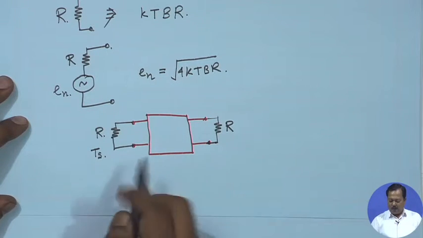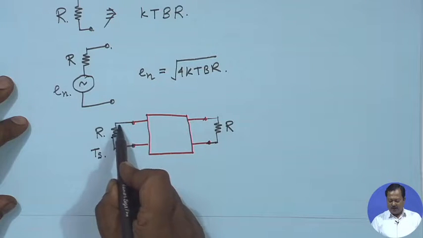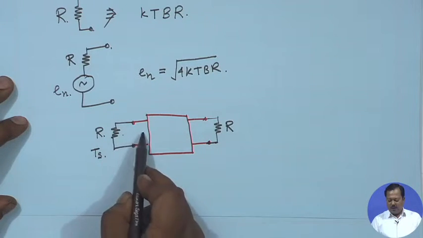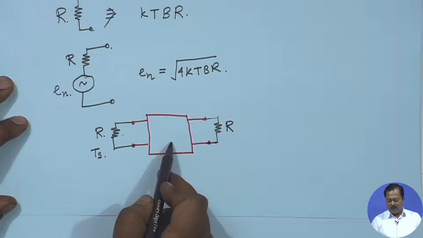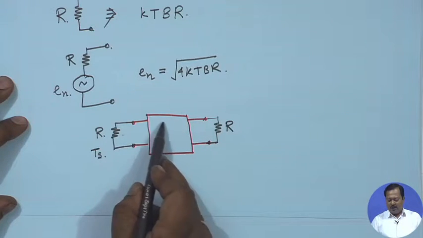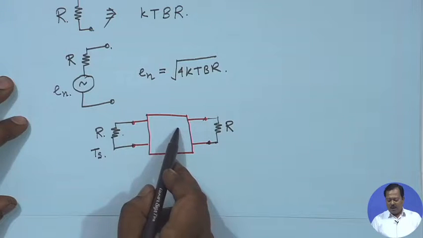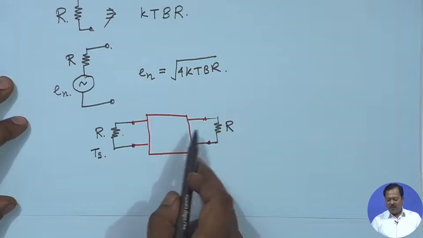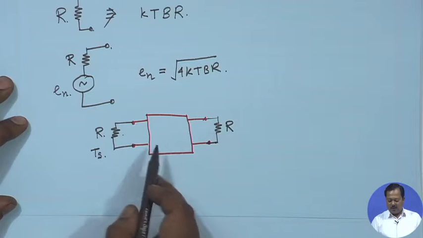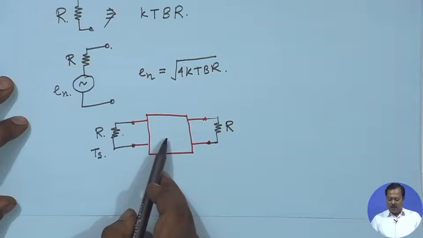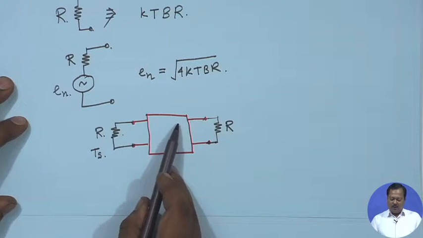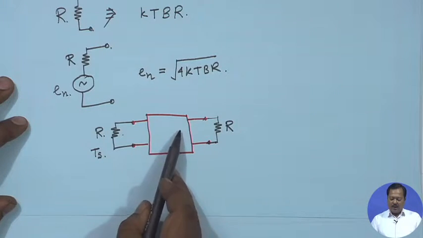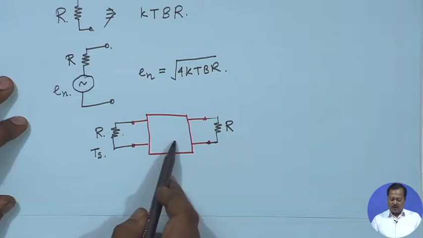So, now whatever noise is generated by the resistor at the left hand side will be the input to this 2-port device, and depending on gain or loss, that noise contribution from the left hand side will be attenuated or amplified, and it will be delivered to the right hand side. In addition to that, this 2-port component itself will produce some noise.